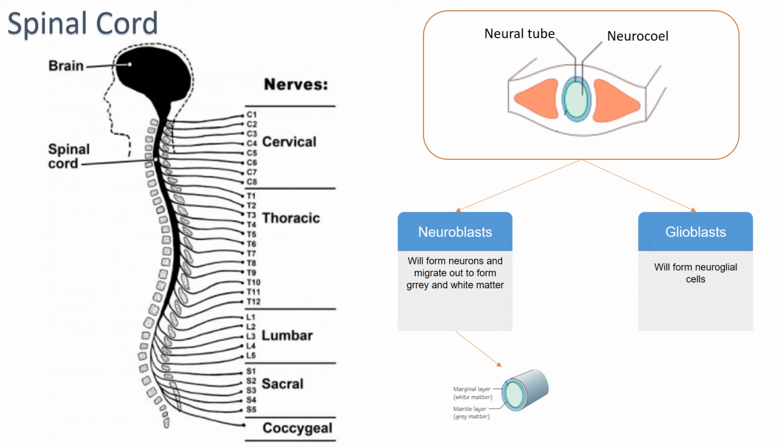And of course, as development progresses further, by the time you get to the 5th week of development, cerebrospinal fluid will also slowly start to form. So that's just a brief rundown of what is happening with the spinal cord.